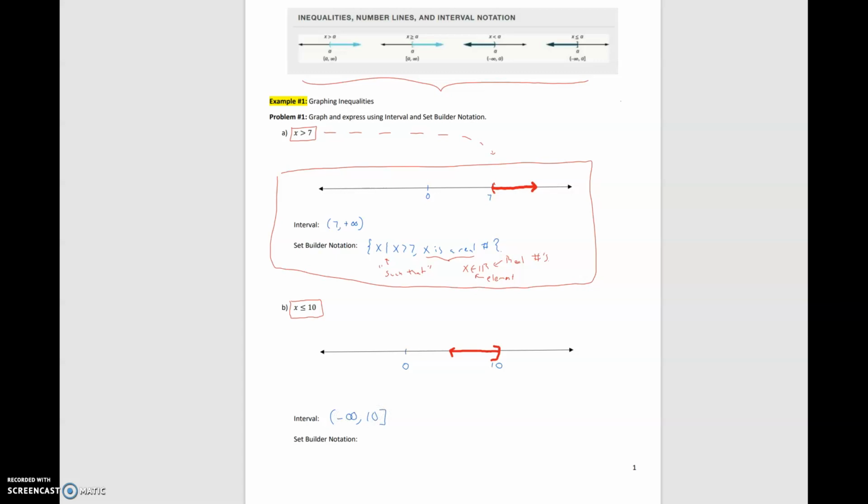The set builder notation is going to be the set of x's such that x is less than or equal to 10, comma, x is a real number. And then I'm closing the bracket. And this is going to be our solution.